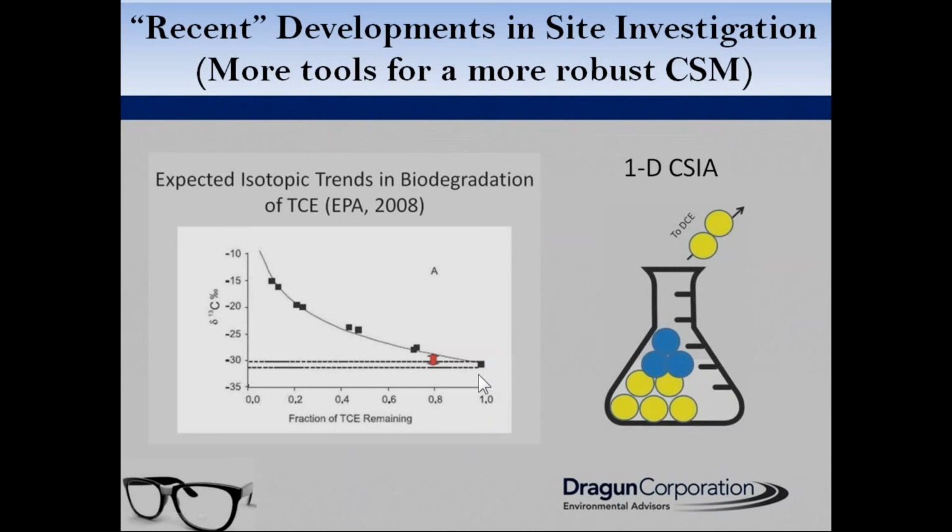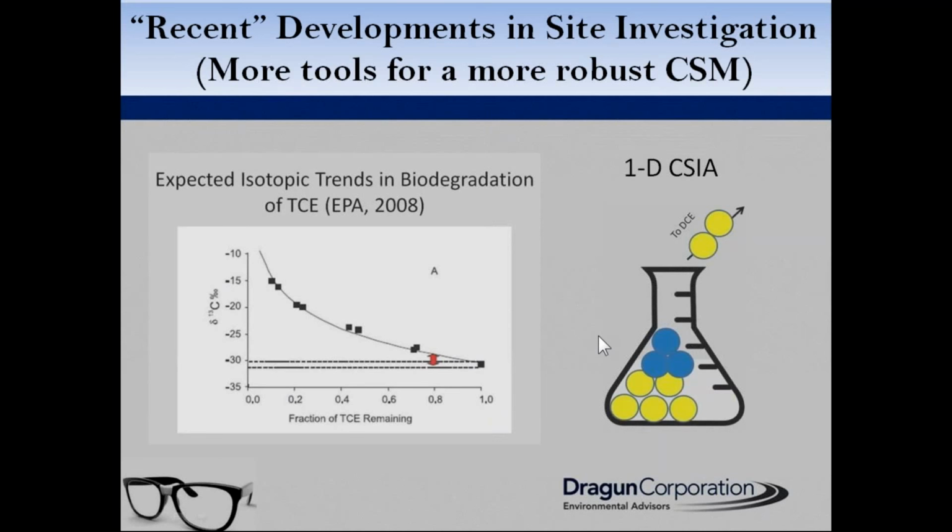So under biodegradation, if we started off with TCE here, so we've got all of it being TCE, isotopically it would change as the TCE breaks down into its daughter products. And this is looking at the carbon isotopes that you would see by the time you're down to 0.2 of the original TCE left, the carbon isotopic concentration is much different from the original.